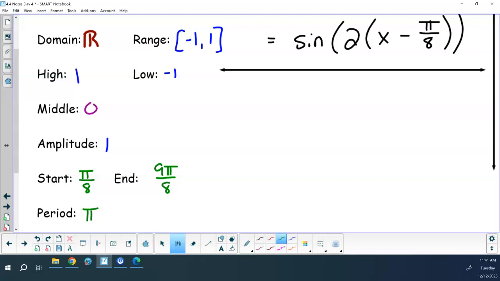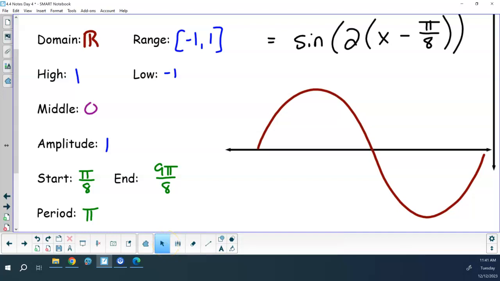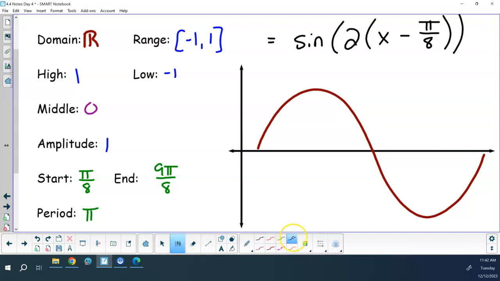Sine curve, positive, everything's positive. Middle is at 0. My start was at pi over 8, so I'm over like that. Up to 1. Down to -1. In the middle is 0.